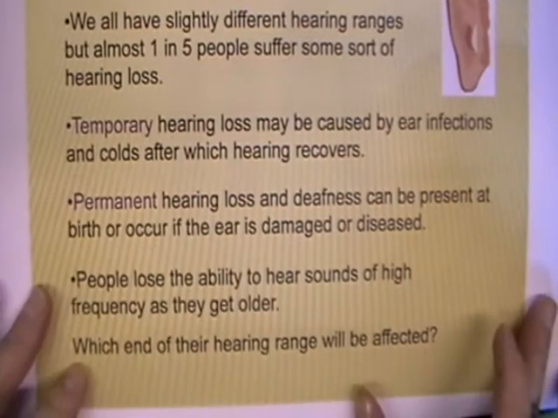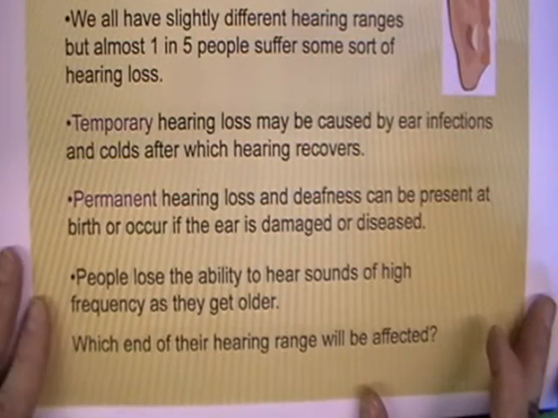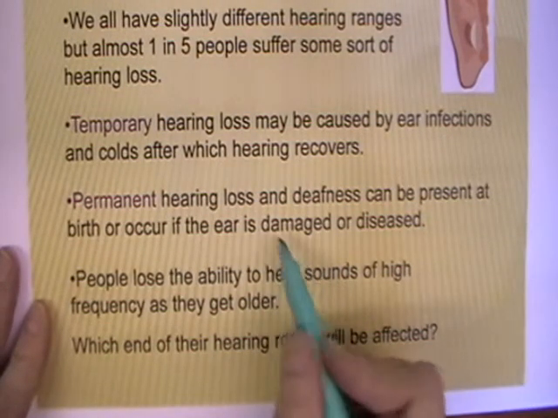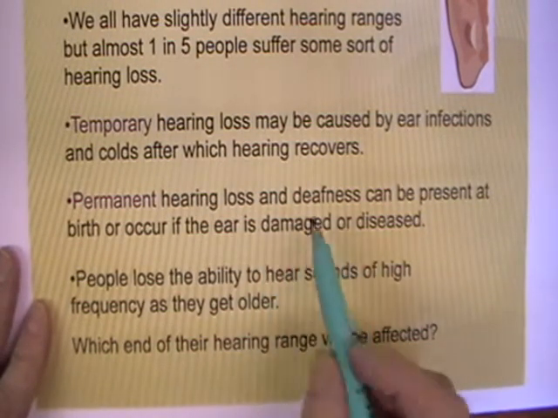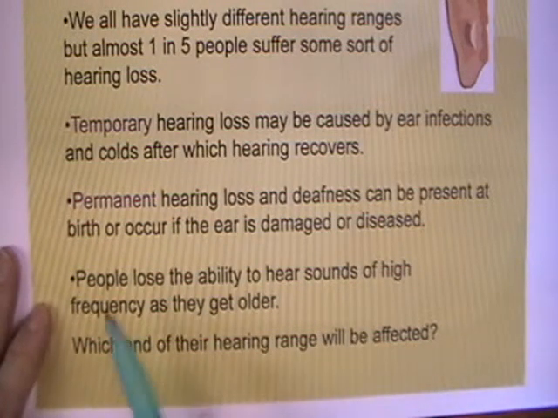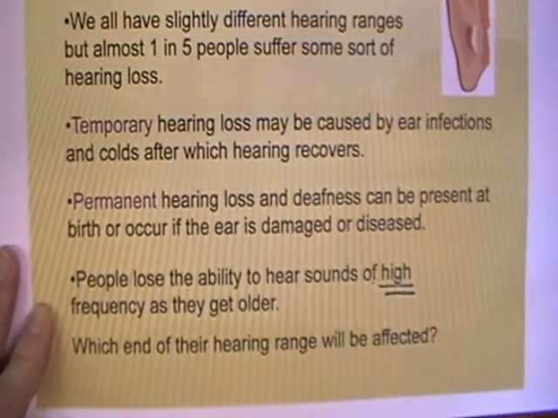Permanent hearing loss and deafness can be present at birth or occur if the ear is diseased or it becomes damaged. Sometimes people would suffer permanent hearing loss after having meningitis. Sometimes they might suffer permanent hearing loss after being very close to a very loud explosion or a very loud noise. All people lose the ability to hear sounds of high frequency as they get older.